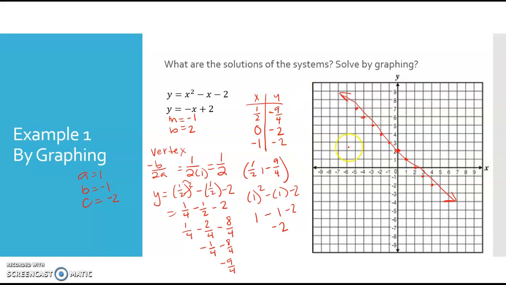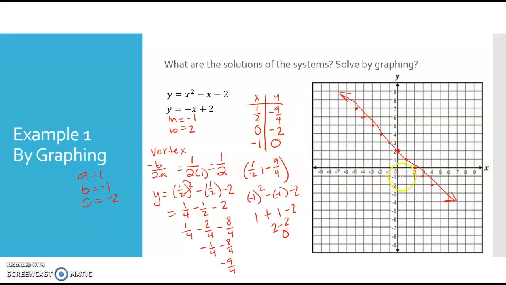Alright, I chose negative 1, but then I plugged in 1 here, right? I made a mistake. These should be negative 1s, not 1s. So negative 1 squared is 1. Negative times negative 1 is a plus 1, minus 2. So then I would have 2 minus 2, which is 0. That works much better and matches what I have on my graph that I've already done.